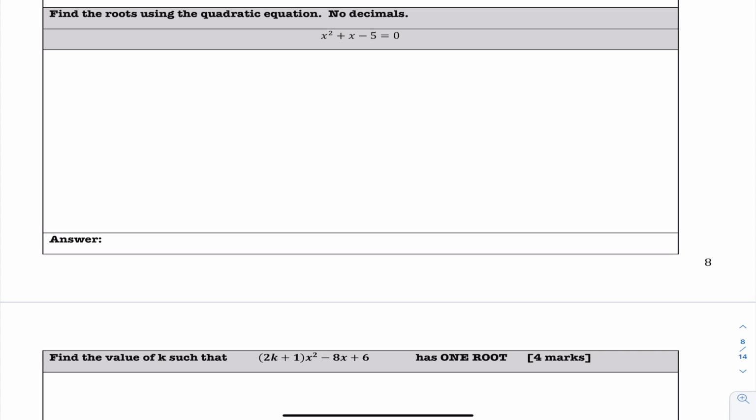So now in the next example, I want to find the roots of the quadratic using the quadratic equation. So again, I have this quadratic, so I'm going to find my a value. A value is 1, b value is also 1, and c value is negative 5.